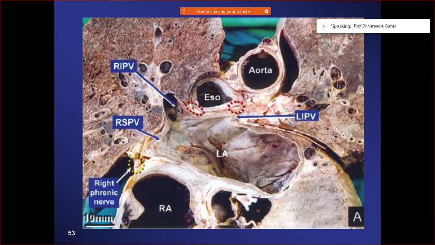A lot of times, whenever pulmonary venous ablation is being done, there are patients who have even developed atrioesophageal fistula because it is indeed close to the esophagus.